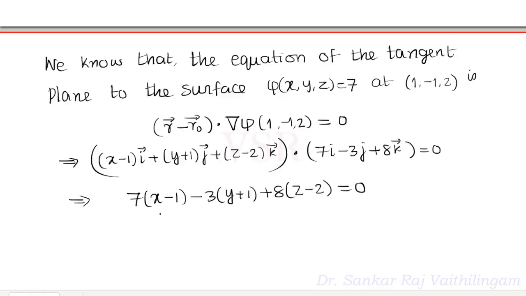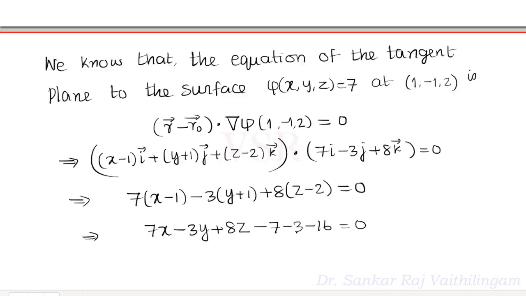This implies that 7x minus 3y plus 8z. மிச்சம் இங்க ஒரு -7 minus 3, இது 8 2 16, அப்போ -14. So what is this? This is equal to 0.